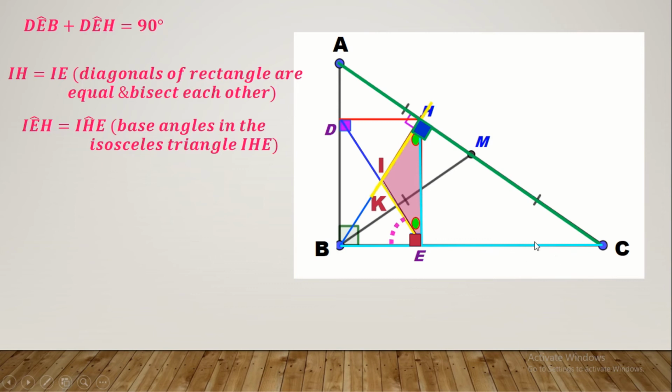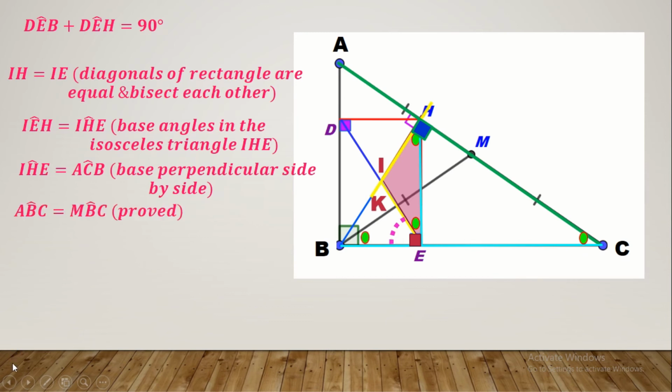Now the angle formed between these two sides is equal to the angle IHE. So we can say that IHE is equal to the angle HCB. They are perpendicular side by side.